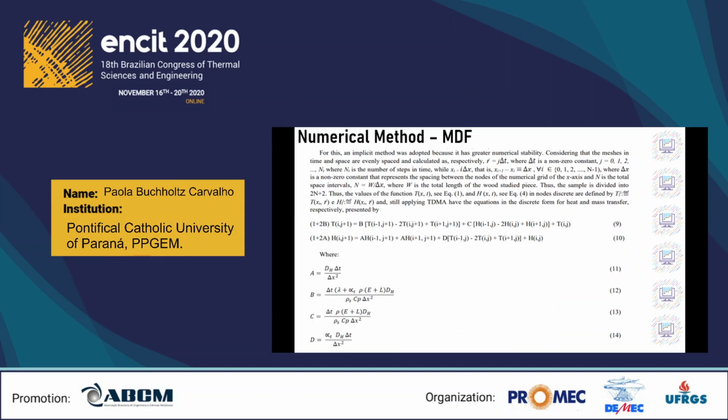So equations 9 and 10 represent the equations of heat and mass transfer in the discrete form, and equations 11 to 14 represent the coefficients of equations 9 and 10.